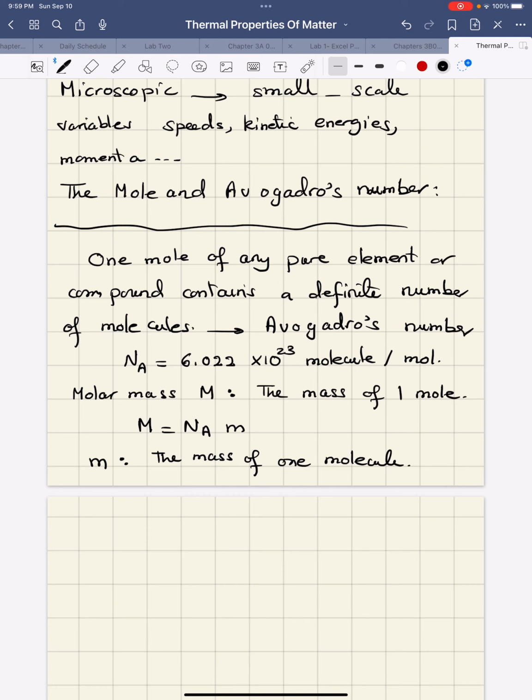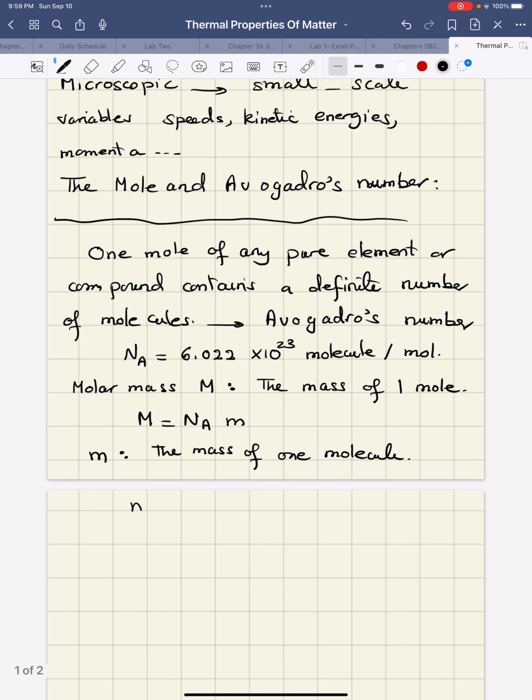I can say also that the total mass, and what does it mean, the total mass of a substance, equals n times the molar mass.